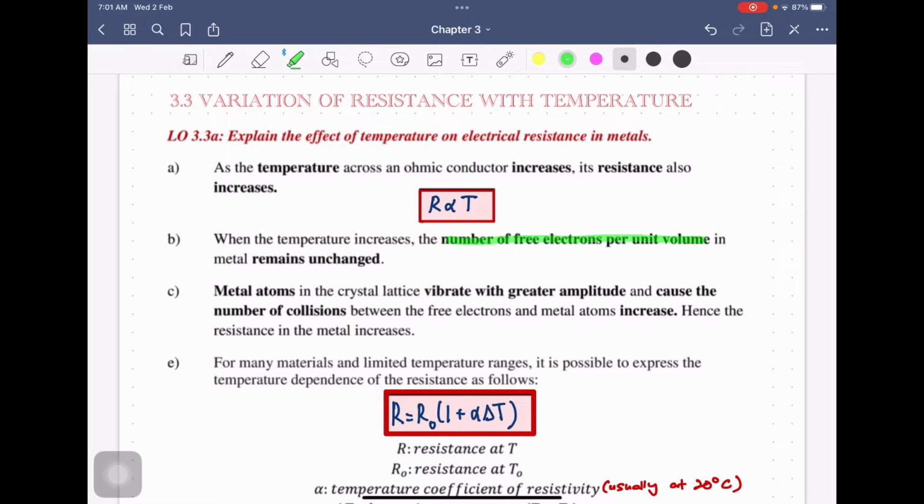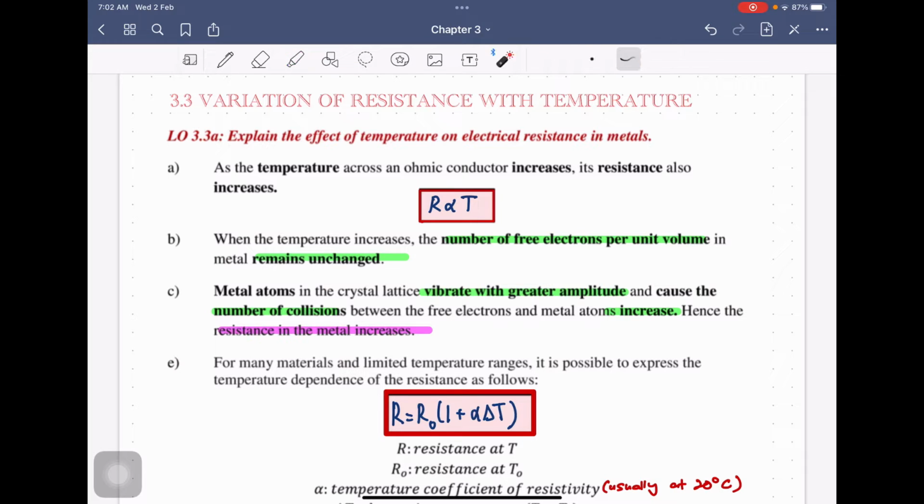Number of free electrons per unit volume in metal remains unchanged. Okay, so metal atoms in the crystal lattice vibrate dengan amplitude yang tinggi dan menyebabkan the number of collisions between the free electrons and metal atoms increase. Dan ia menjadikan hence the resistance in the metal increases.